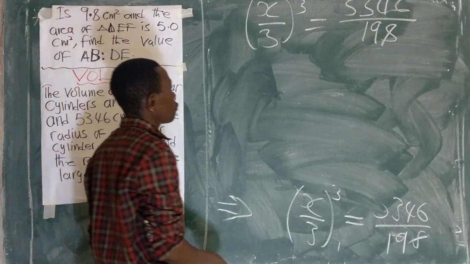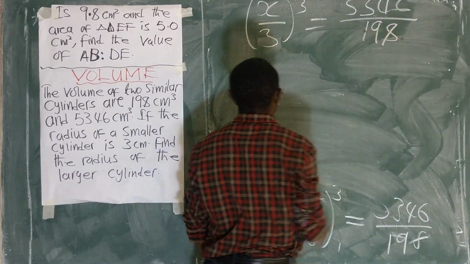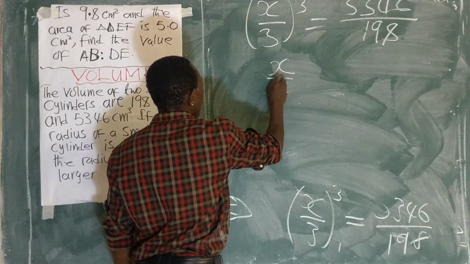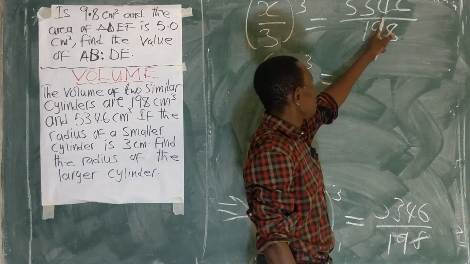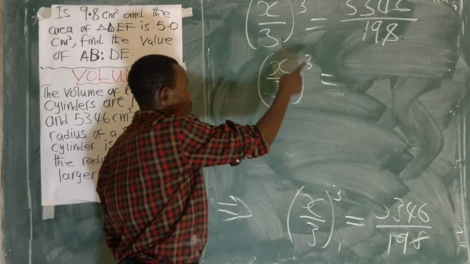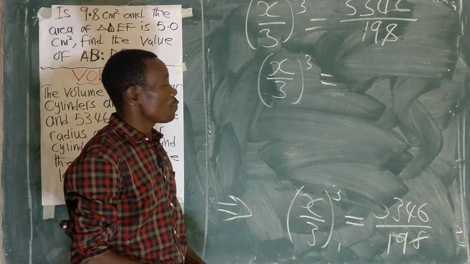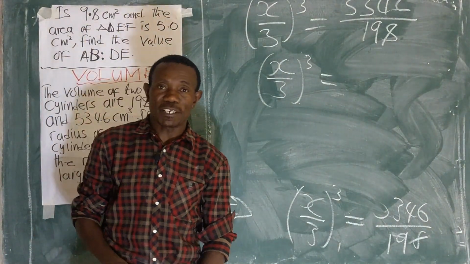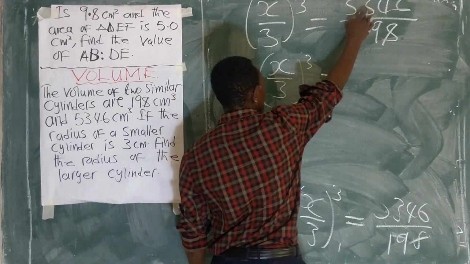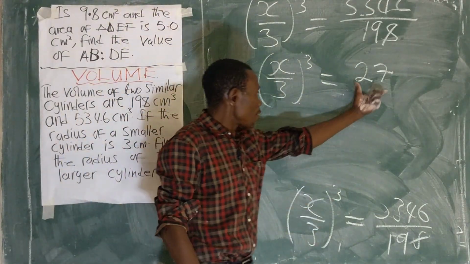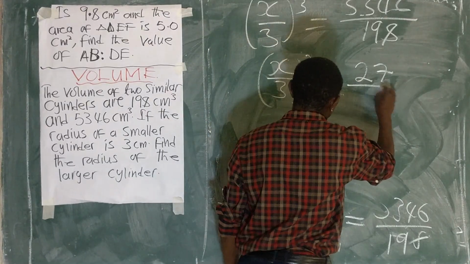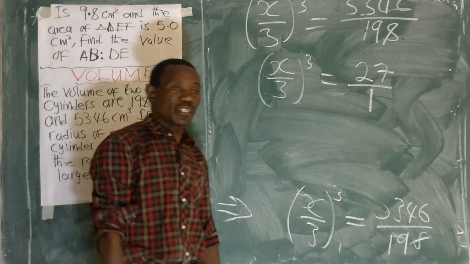In my case, I'll choose first to simplify this part, where I'll have x over 3, cubed, and 198 going into this one. I'll find that 198 goes into 5346 27 times. So when I write 27, it's as good as writing 27 over 1.